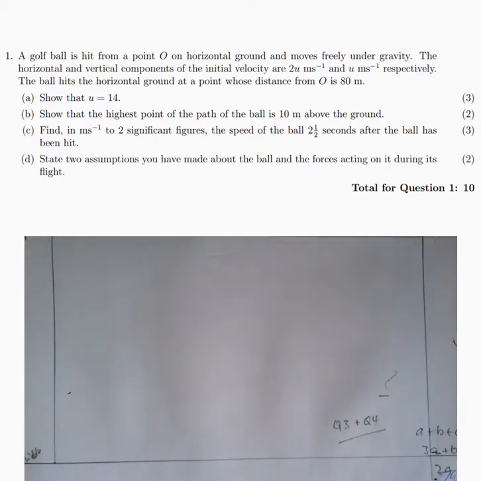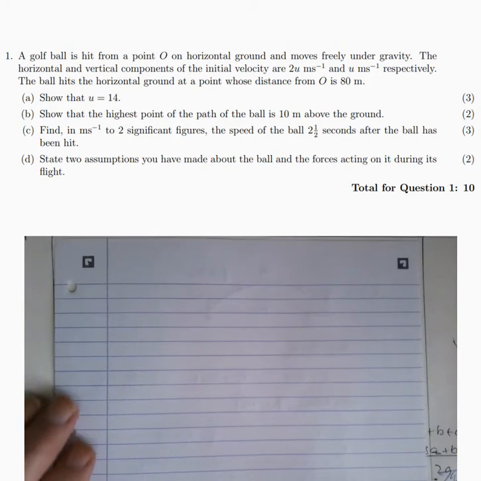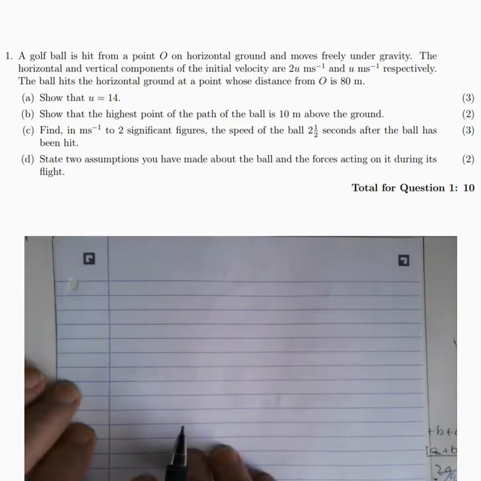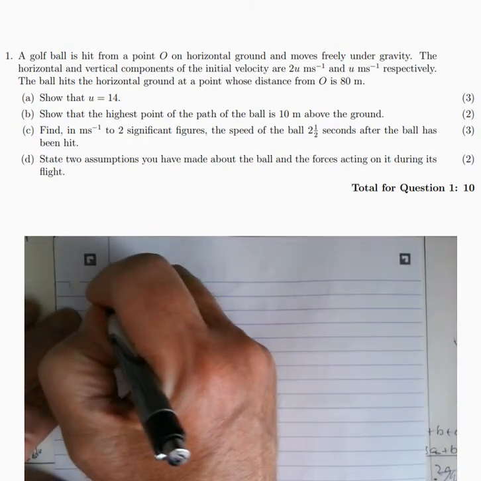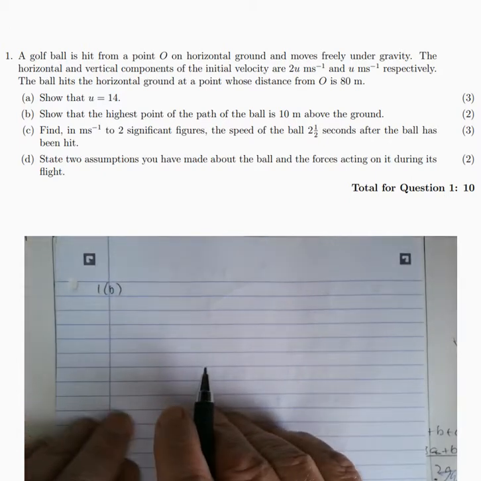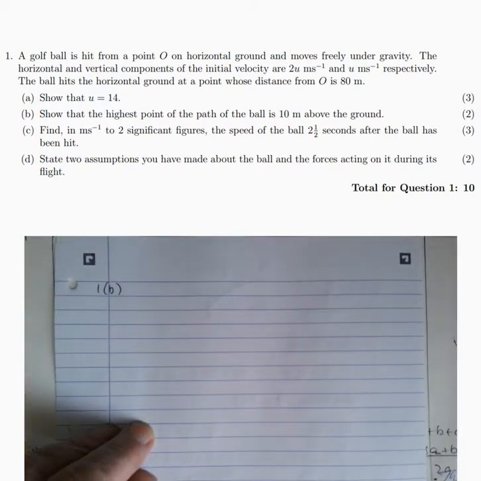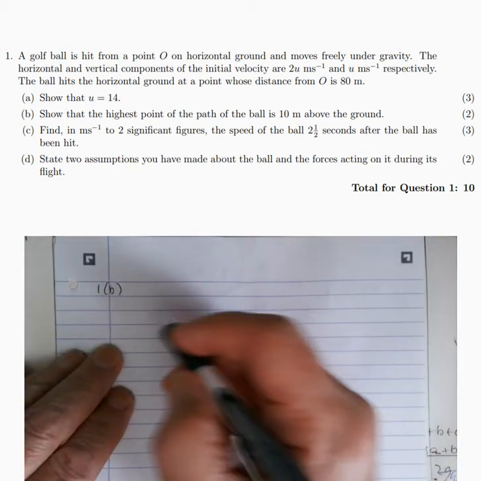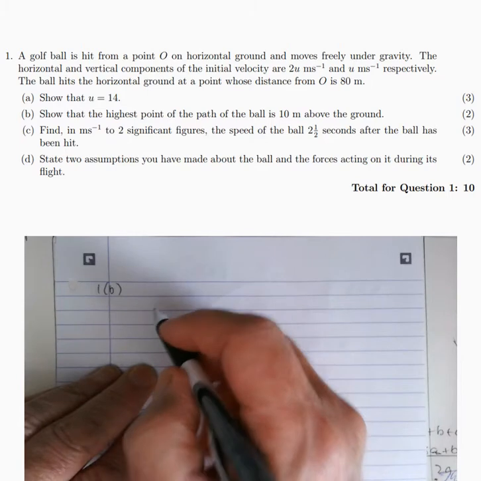Right, now for part B. It says, show that the highest point of the path of the ball is 10 metres above the ground. So I'm going to re-sketch this diagram very quickly.